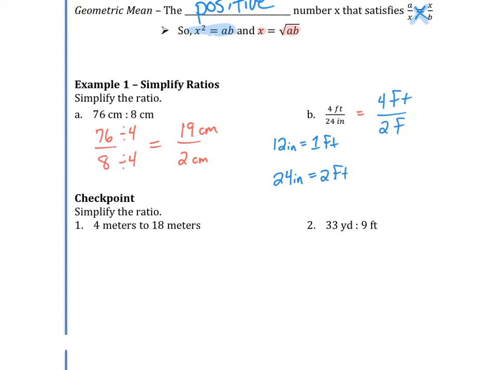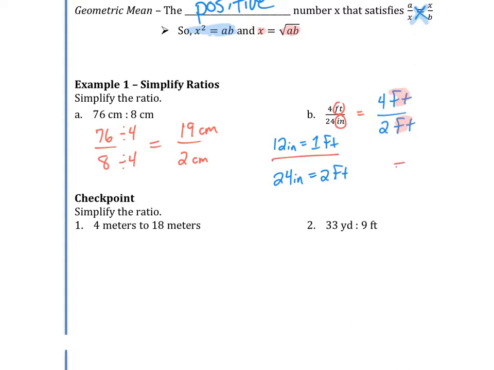And we want to make sure that the label is the same, so feet and feet. In the beginning it was feet and inches, so we changed 24 inches into 2 feet. And that came from 12 inches is 1 foot.